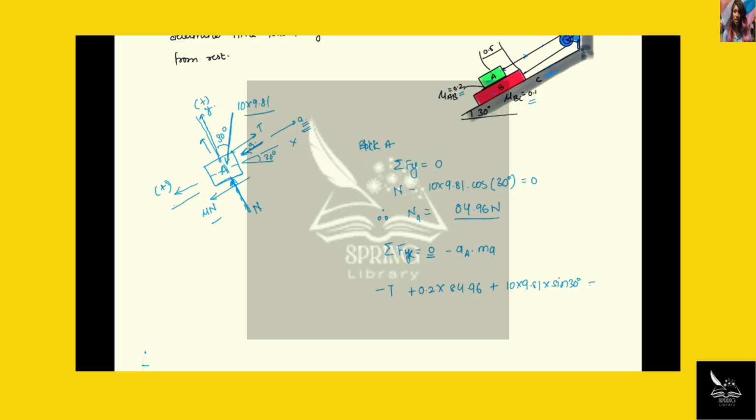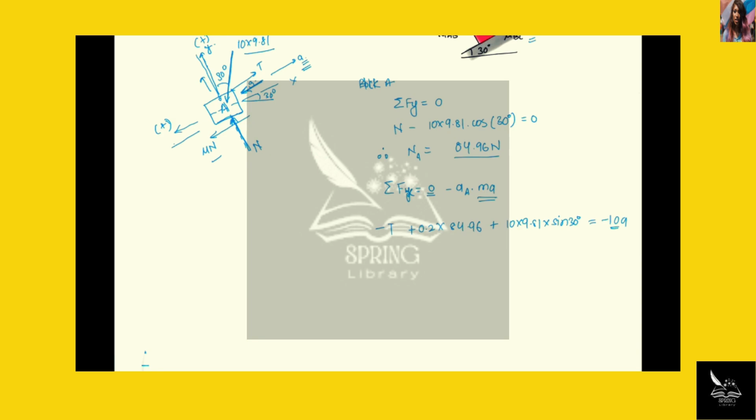And this equals minus 10a, since m_A is 10. On simplifying this we get T minus 66.04 equals 10a. Let this be equation 1.